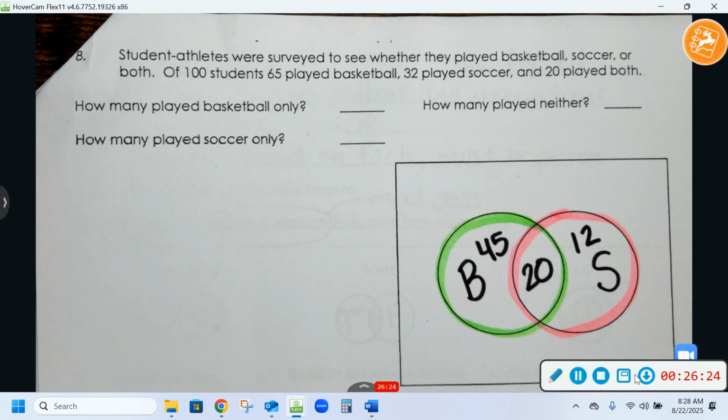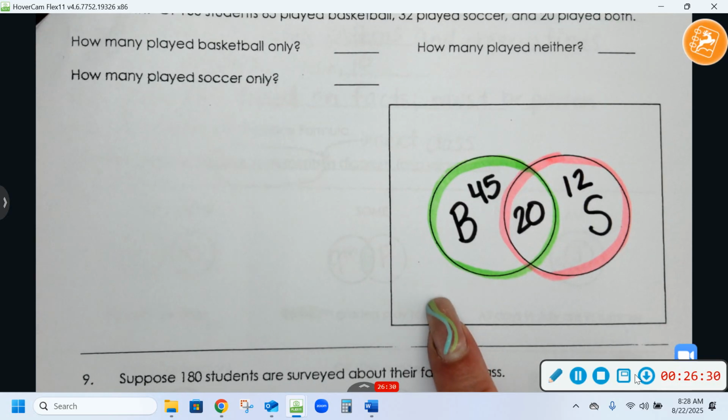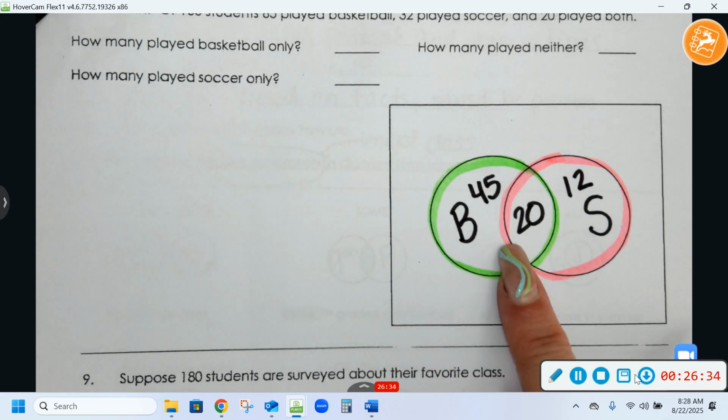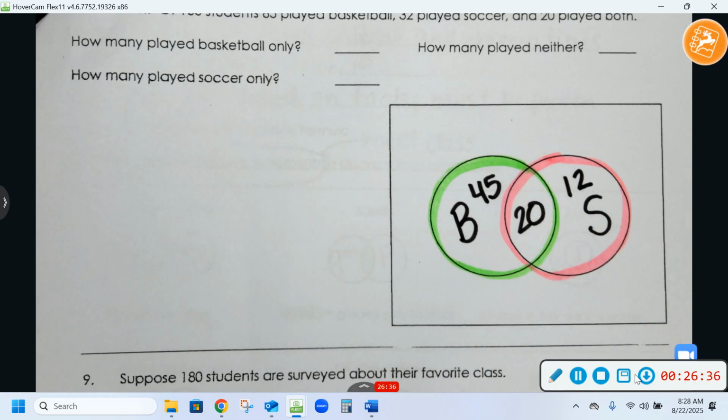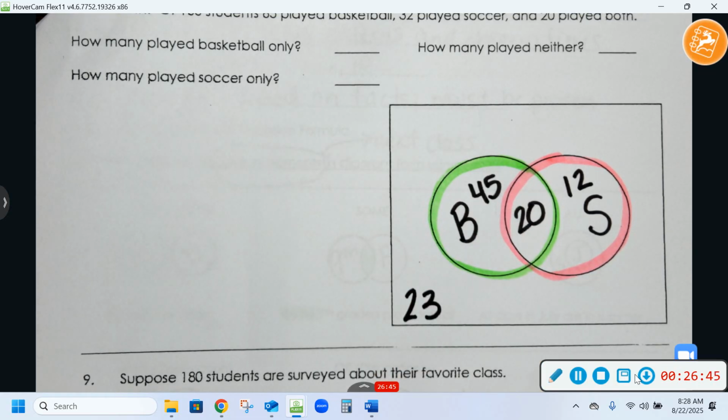How many total kids are there? Now that's when it matters. So I need to figure out how many kids live in the rectangle that don't play either. So 100 minus 65 minus 12. 23.